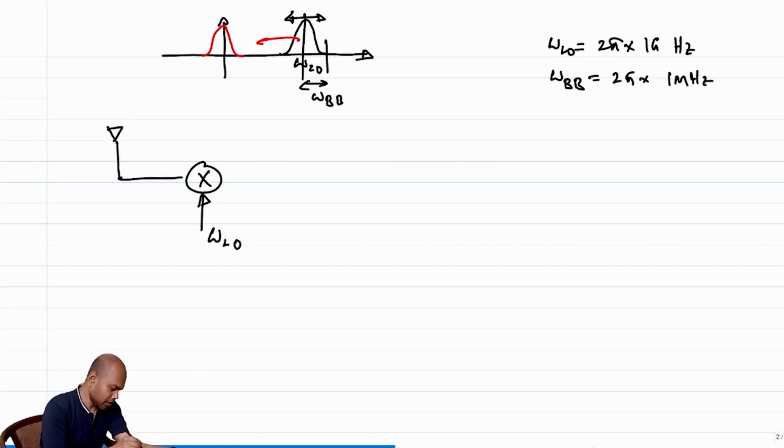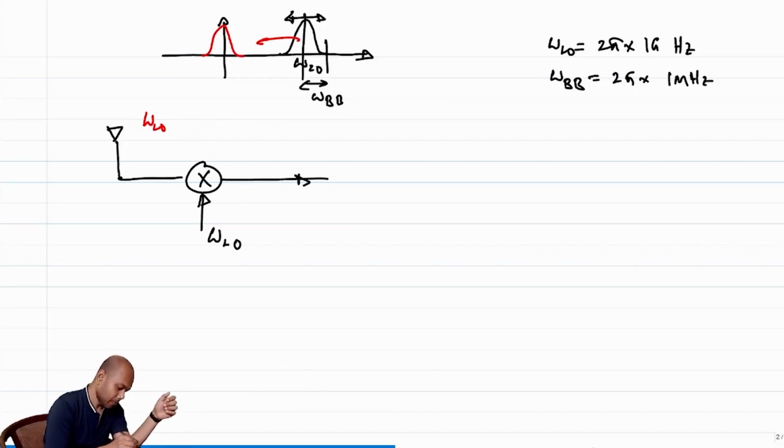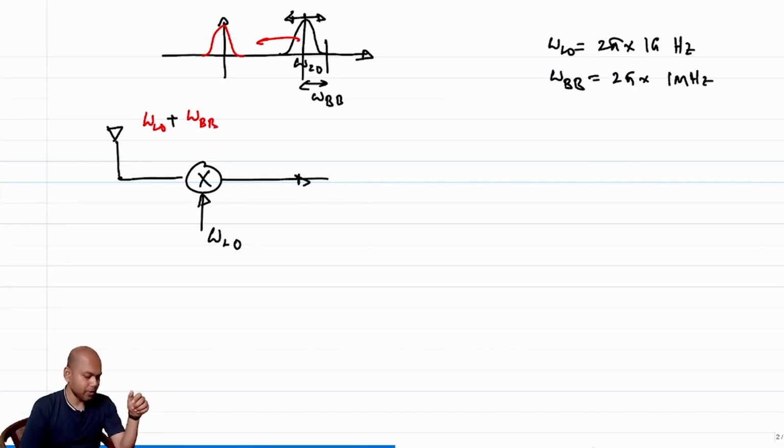So this input is omega LO plus minus omega BB. So the output will be at what? If you go back to the previous lecture, let me just take one frequency at a time. Let's say omega LO plus omega BB. Your output will be shifted to the left and shifted to the right, right?